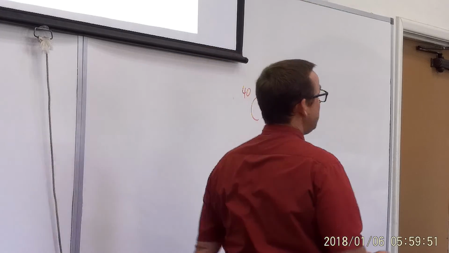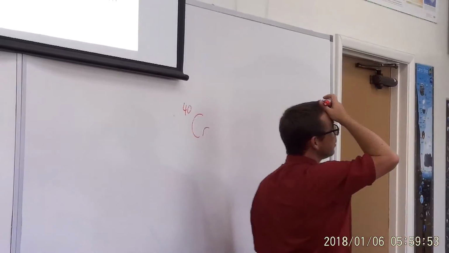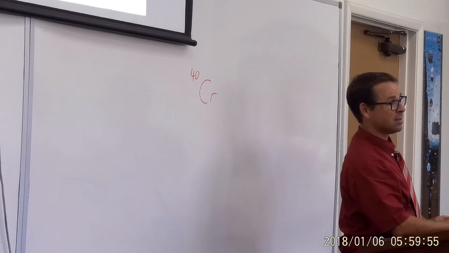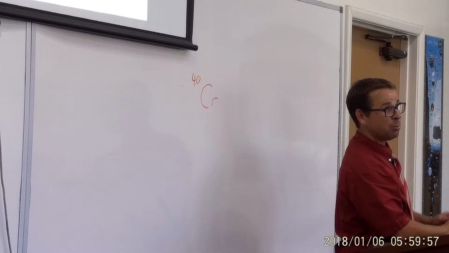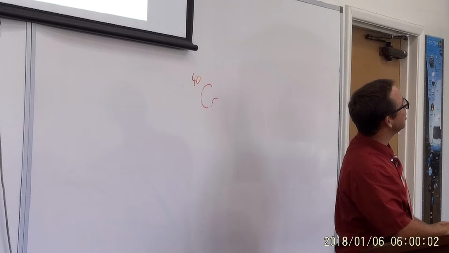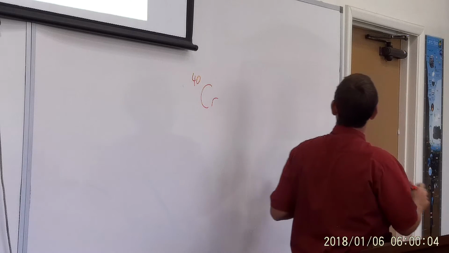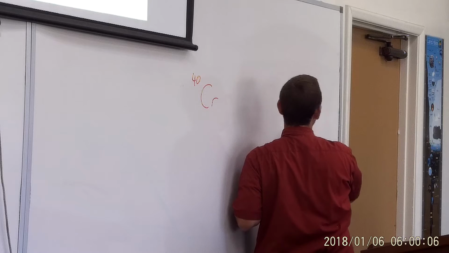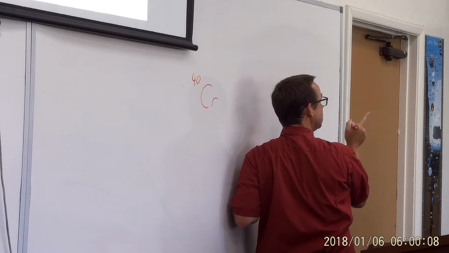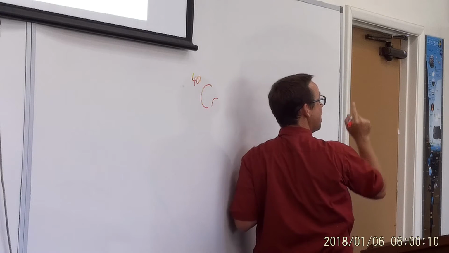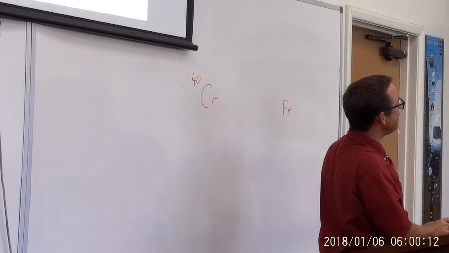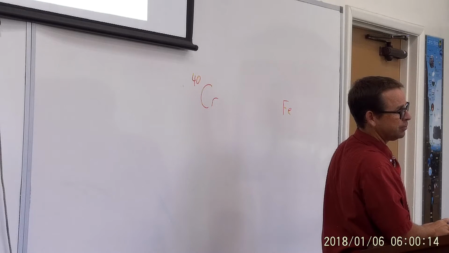On the periodic table, we have not mass numbers of elements, but average mass numbers of elements. So let's look at iron, for example. Iron, how many protons? 26. And then it has a mass number there of 55.847.